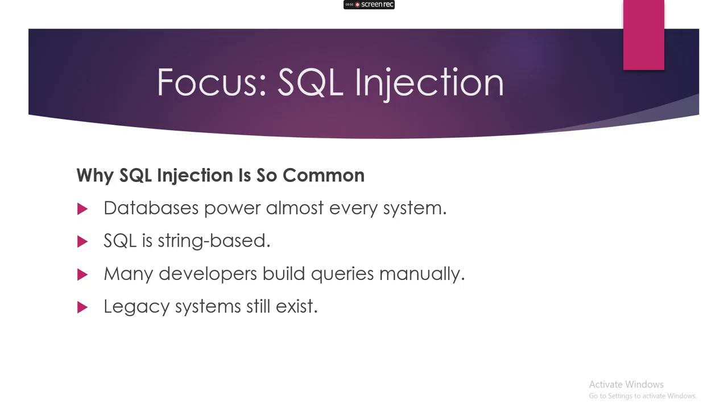Many developers build queries manually, and sometimes the design of those queries can be flawed, and they might not be utilizing the proper security measures, allowing their applications to be vulnerable. And since vulnerabilities are built on past mistakes, we have legacy systems which still implement these vulnerable designs. Because of their existence, hackers love to exploit the opportunity.